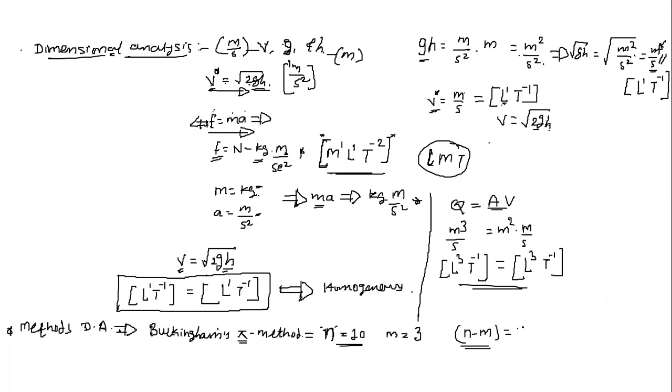We can say n minus m pi terms, and those pi terms are dimensionless groups, independent of each other.